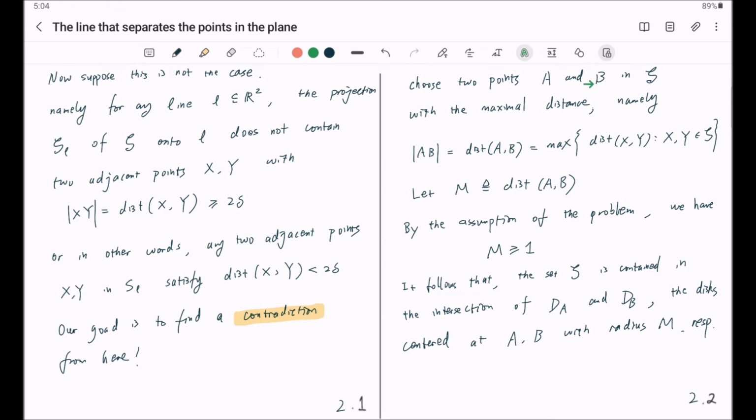We choose 2 points with a maximum distance in S, and we make 2 disks centered at A and B respectively. And that will form a shape that contains S. With that fixed shape, it will be convenient for us to make estimates. So that is the idea.